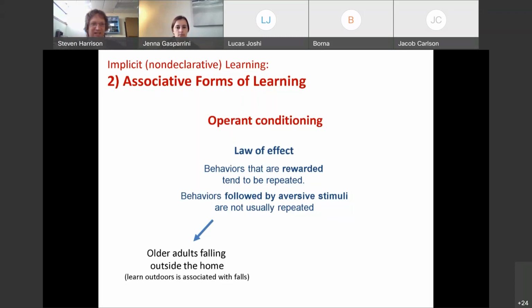They learn that walking a particular part of the environment, engaging in an everyday activity, is associated with falls. These kinds of connections are quite powerful.